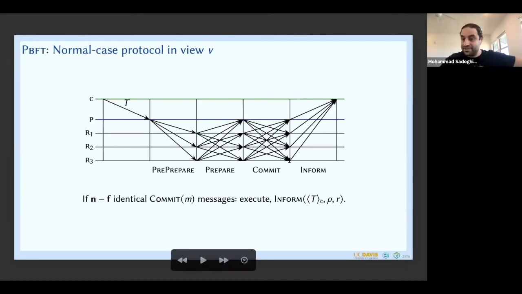At this phase, I know that the majority have seen the majority of them. I know the majority have reached the prepare phase, and I know the majority know that the majority have received M.